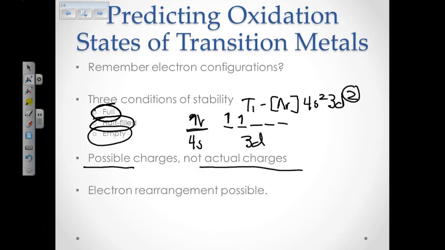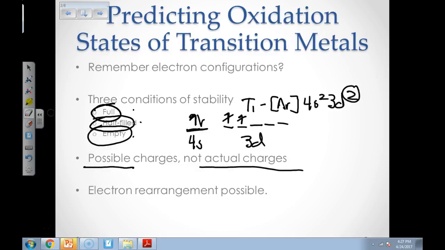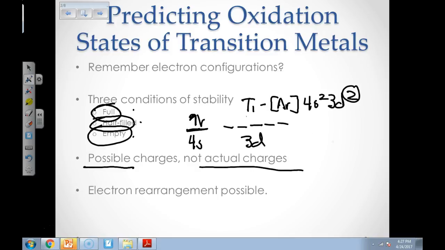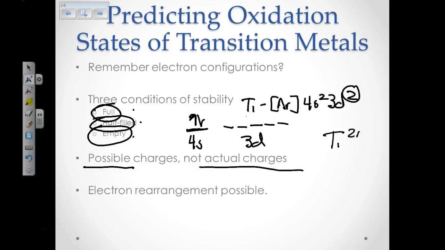So remember that metal ions are going to lose electrons. How are we going to lose electrons in order to meet one of these conditions of stability? Well, what if we lose 2 electrons? By losing 2 electrons, these electrons go bye-bye here, and that would be titanium 2+.